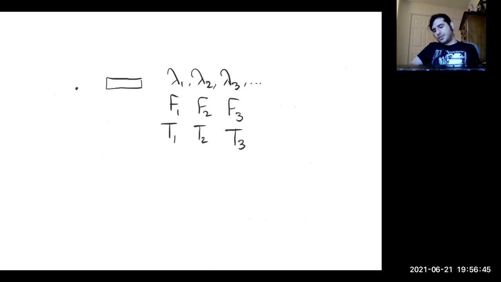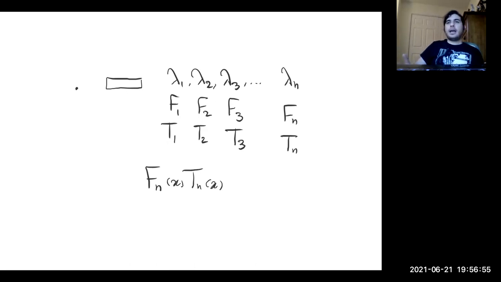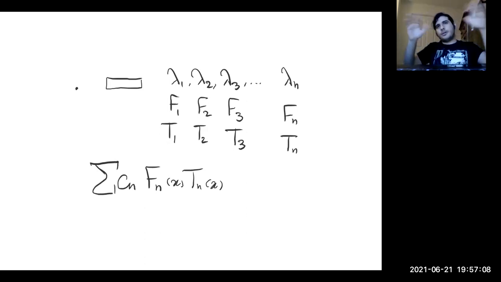So in general, fn, tn, corresponding to lambda n, we were multiplying them. We're getting a solution, and we wanted to consider the general solution. We are considering their linear combination, and we can write in some sense every solution as their linear combination.